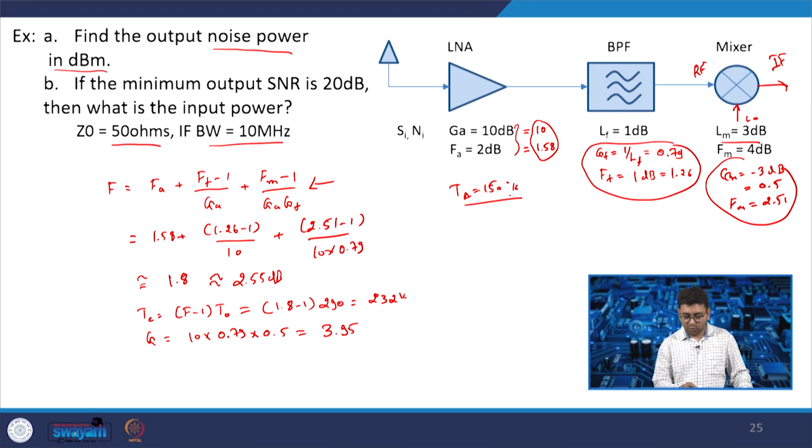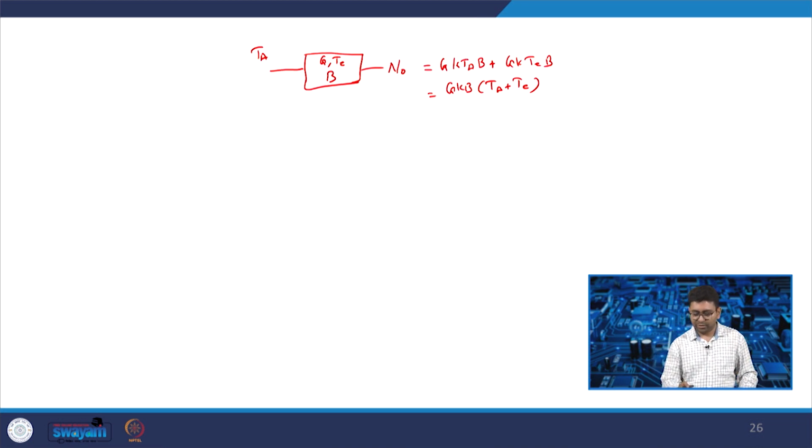So, you should know, antenna temperature means the input noise power. You can directly find out the input noise power based on the temperature. So, in your equation GkB(TA plus TE), you put all the values here and you can find out the output noise power. So, this is the way you can use the Friis formula to find the output noise power.